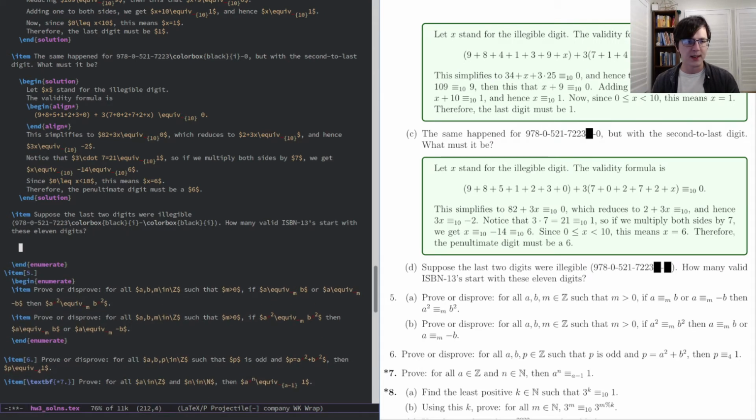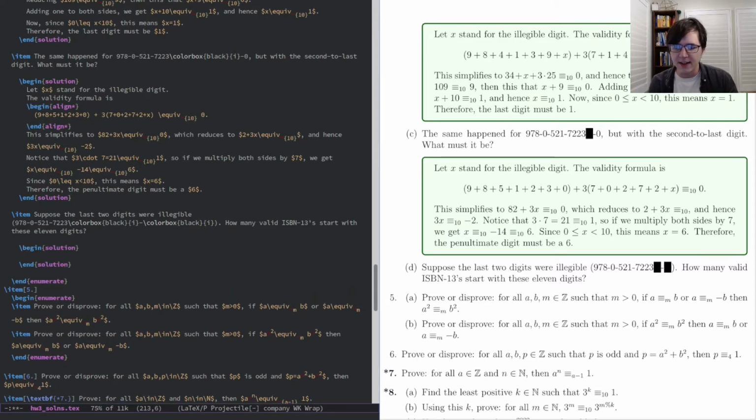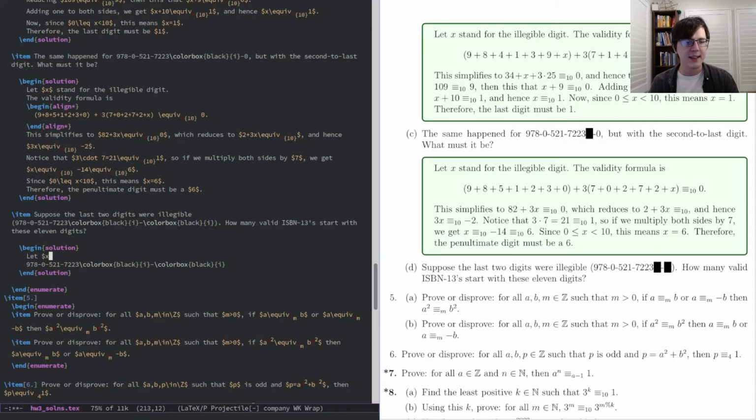Last part of this problem. Now the last 2 digits are illegible. So can we recover? Okay, this is getting rather repetitive, but let x and y respectively stand for the second to last and last digits of the ISBN 13.